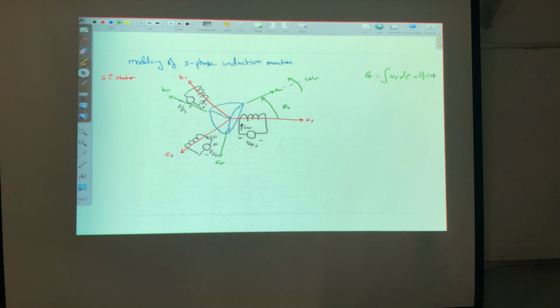Good. So I need to find a mathematical model that represents this system. So if I need to plot it as an electrical circuit, simply I will have a resistance and inductance to represent each coil.